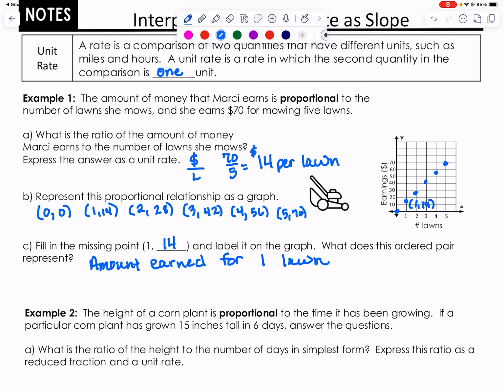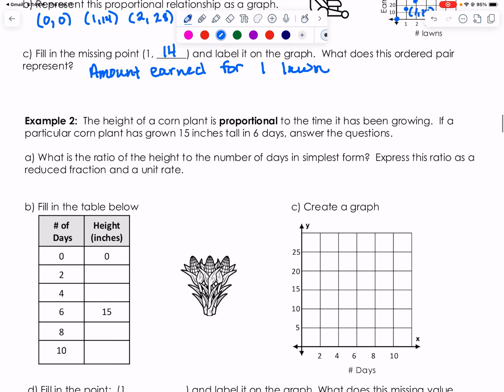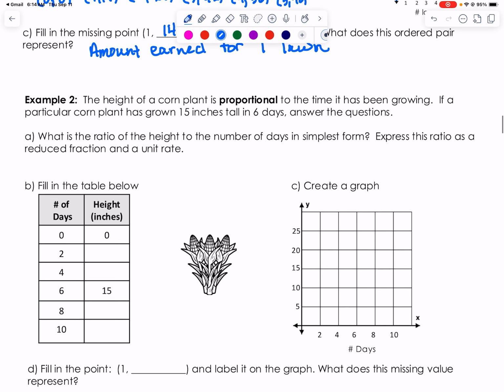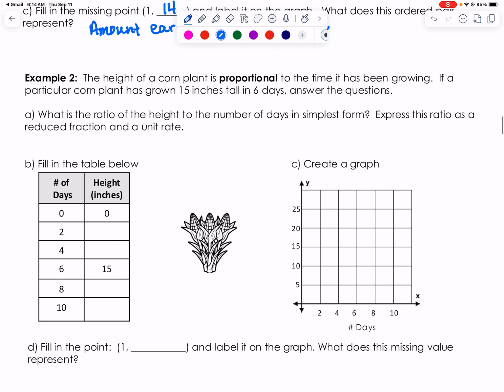Example 2. The height of a corn plant is proportional to the time it's been growing. If a particular corn plant has grown 15 inches tall in 6 days, answer the following questions. A, what is the ratio of the height to the number of days in simplest form?